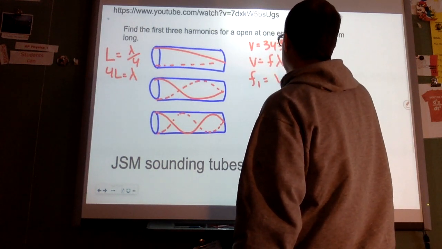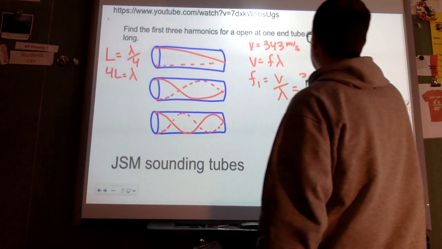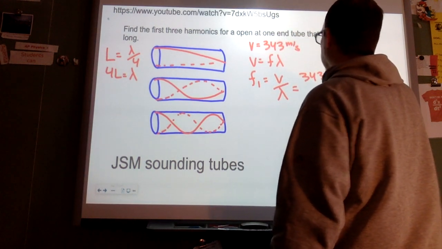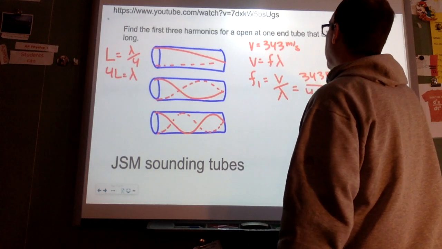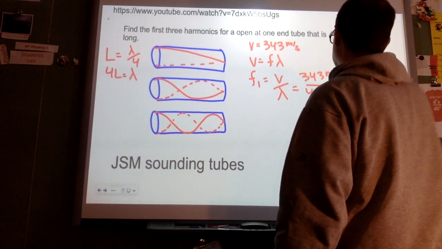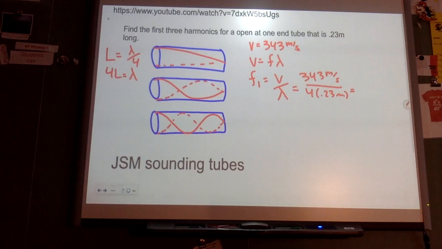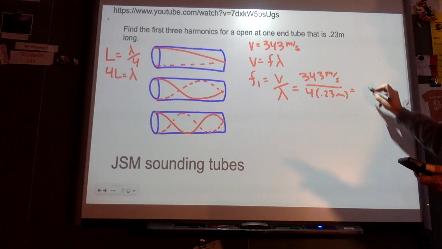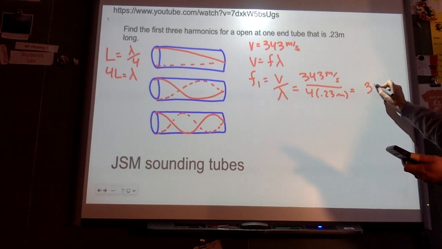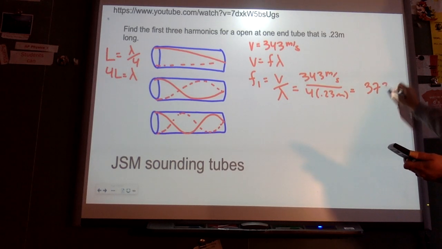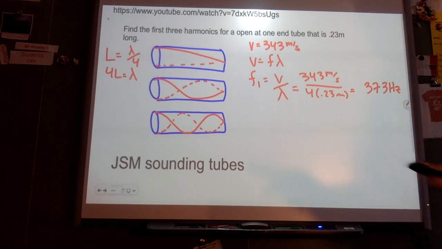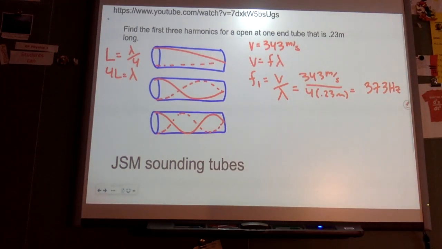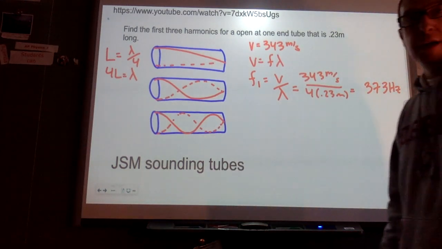F1 is going to be V over lambda. So this is going to be 343 divided by 4 times 0.23. And so I have almost 373 hertz. So that's our fundamental frequency for this tube open at one end.